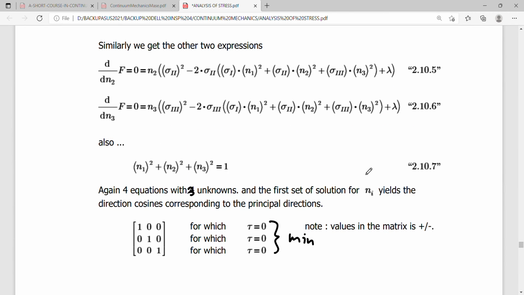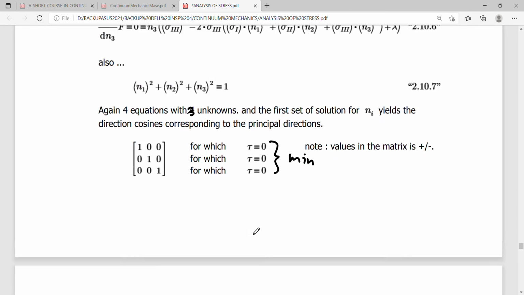So for the first set of solution for n, yielding cosines, this corresponds to a value equal to an identity matrix. Okay. So if you take a look at this later on the Mohr circle, it will be represented by a value of tau simply equal to 0, which means that it is lying on the sigma axis, exactly at the horizontal axis.